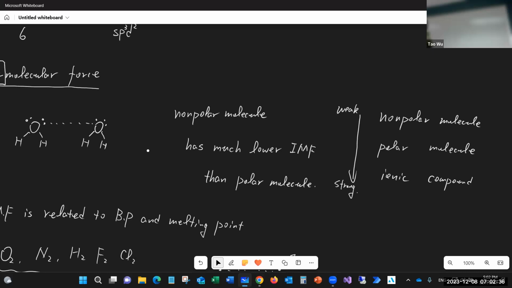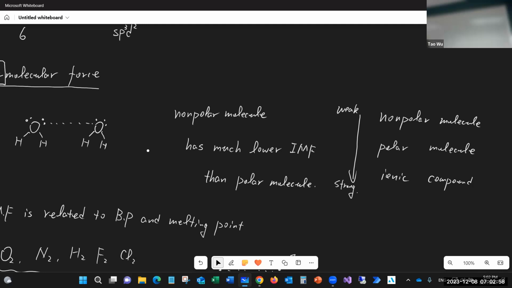If you do a blood test, you put the capillary tube on the blood, and it will suck the blood inside. This is because of the intermolecular force. You don't have to do anything, it just automatically sucks the blood into the tube. That's because of the intermolecular force.